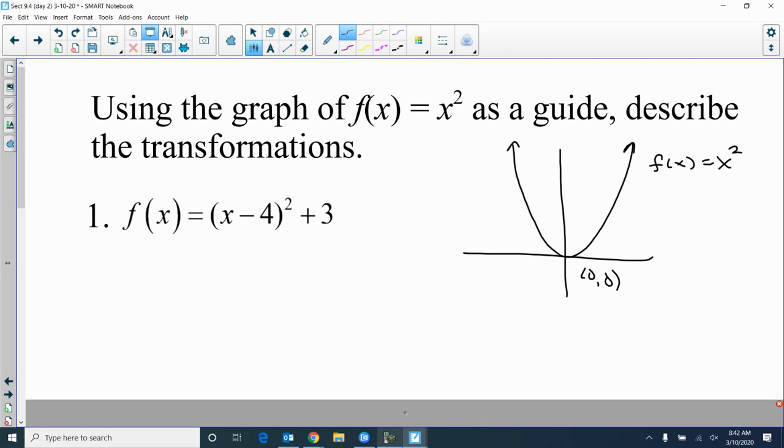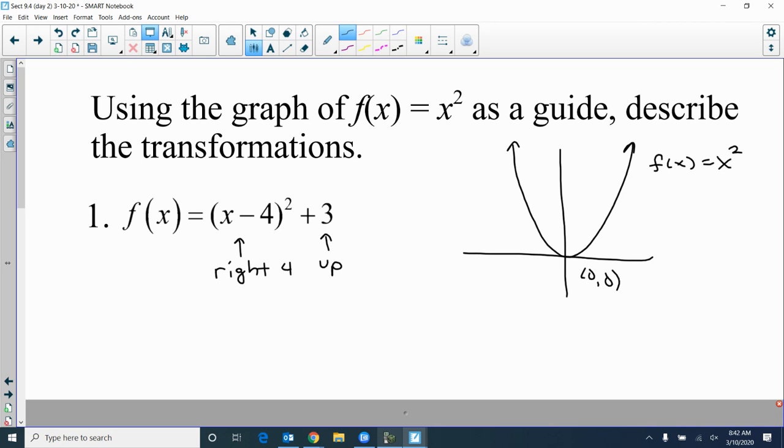Aiden, help her out. Am I giving you the vertex of that, or am I telling you where it moves? Which way, where it moves, which is basically the same thing as vertex, but where does it move? It moves to the right 4, and then up 3.